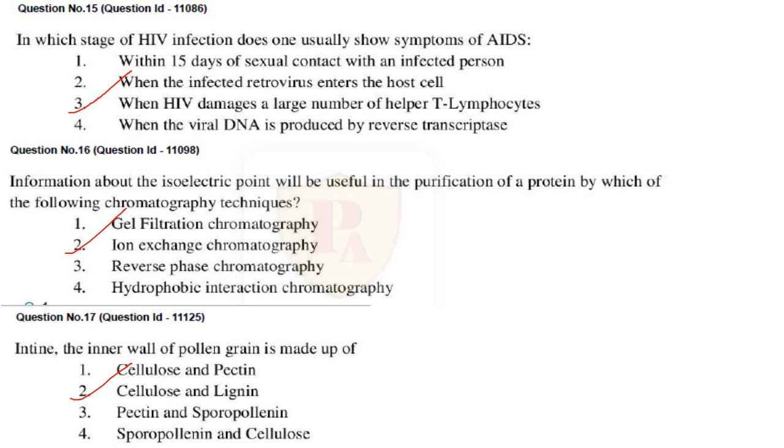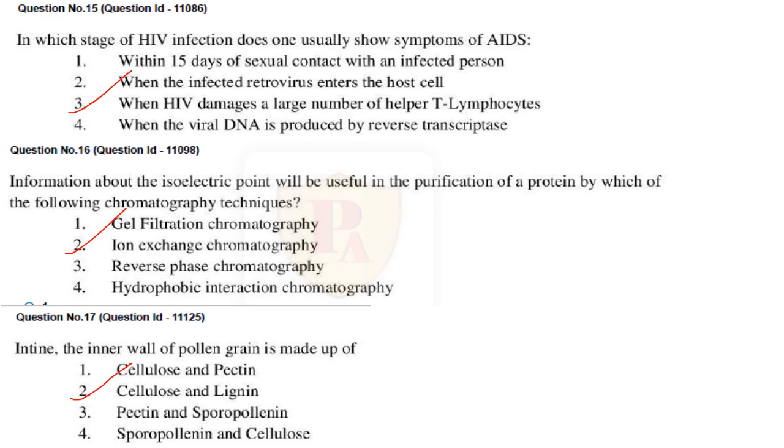Then next one. Information about the isoelectric point will be useful in the purification of a protein by which of the following chromatography techniques? So it is ion exchange chromatography. Because isoelectric point is the pH at which protein has no net charge. So if you want to select a cation exchanger or an anion exchanger for the purification of your protein, you have to know the isoelectric point.